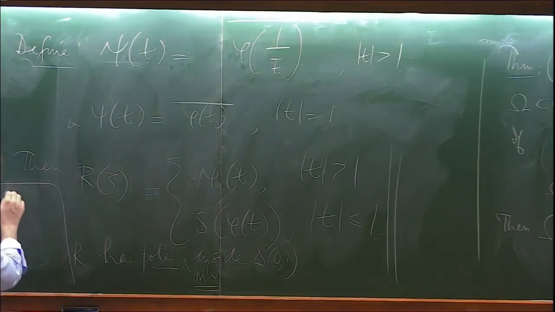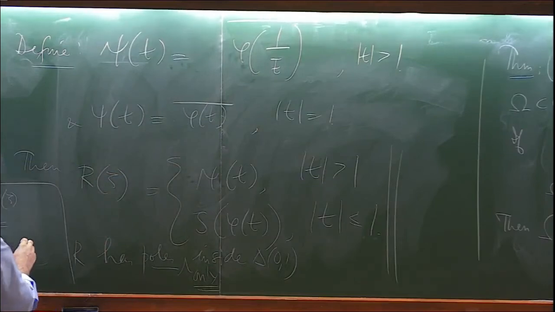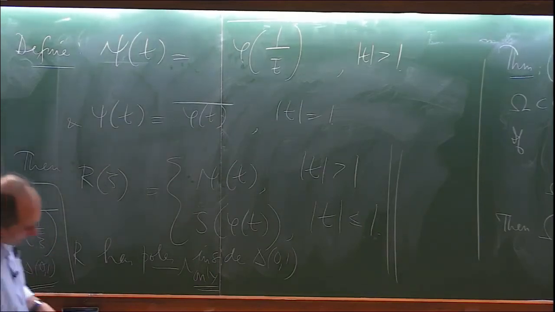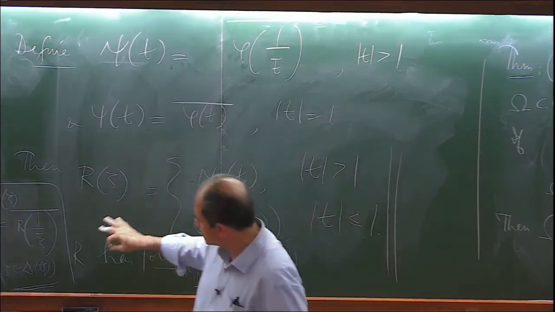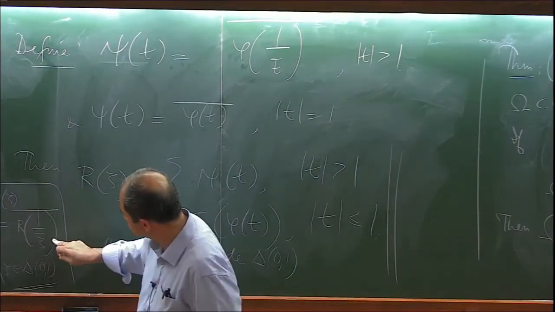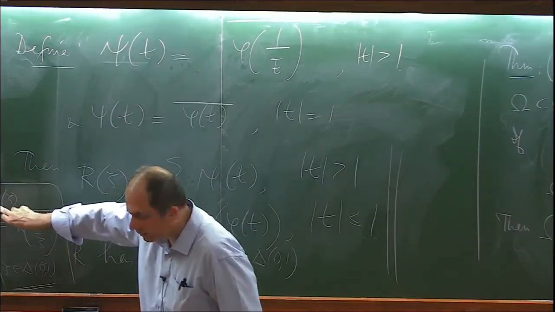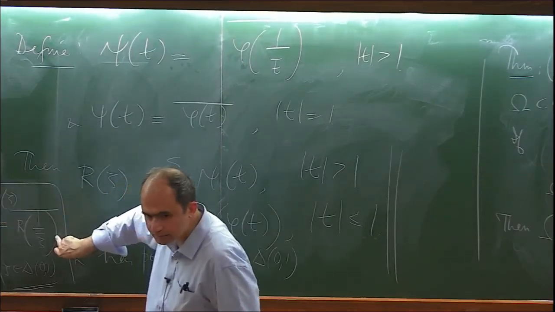So the Riemann map can be written as R of 1 over zeta bar bar. R is a rational function. You have two inversions, so this is holomorphic, and that's exactly equal to the Riemann map. Your Riemann map is a rational function.